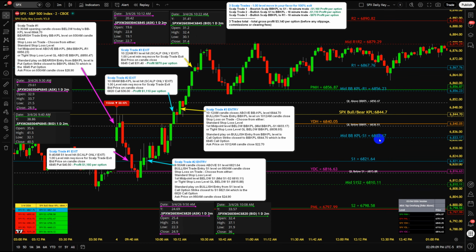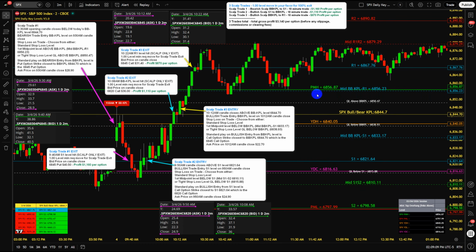So you can either take trades off of those main key levels, or you can also take trades off of the PMH, which is the pre-market high, the YDH, which is yesterday's daily high of the RTH session yesterday, YDC, which is yesterday's daily close of the RTH session yesterday, the PML level, which is the pre-market low for the current session.